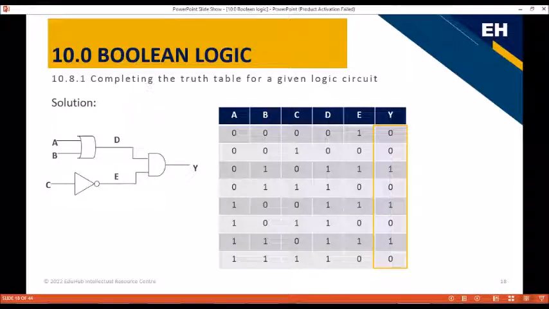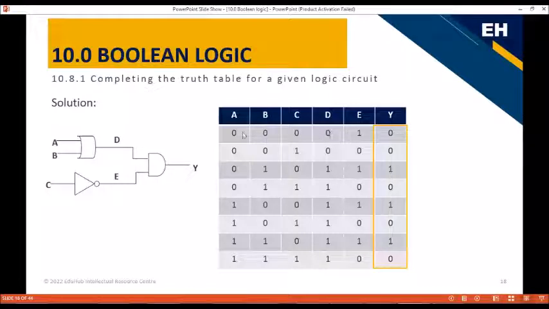We are going to start with A or B, and whatever output we have from A or B will be labeled as D, and whatever output we have from NOT C will be labeled as E. So D and E will altogether produce the output Y. Now let's look closely into this. D is A or B.